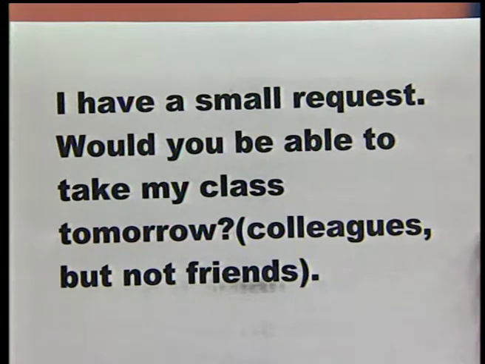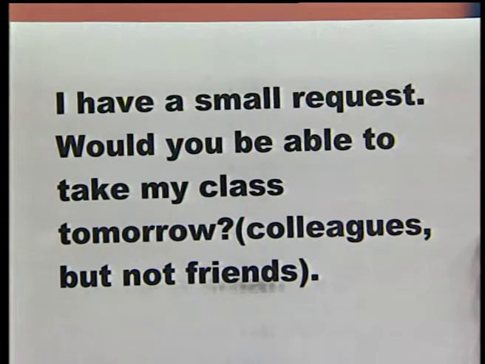But supposing I wanted to ask a person who is a colleague, but somebody who is senior to me and also not my friend, I would have to be very, very careful about how I make that request. I may have to say, look, I have a small request.